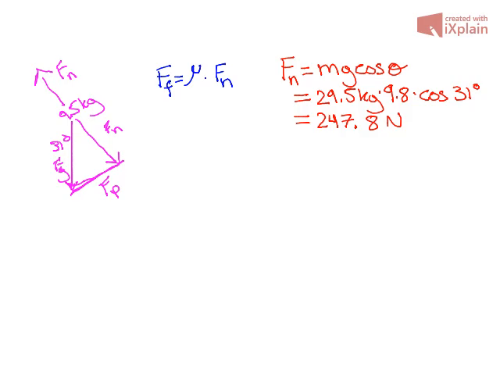We're going to multiply that out, and that gives us 247.8 newtons. We're going to take that value and multiply that times our 0.44 times the normal force that we just calculated, and that'll give us our force of friction.